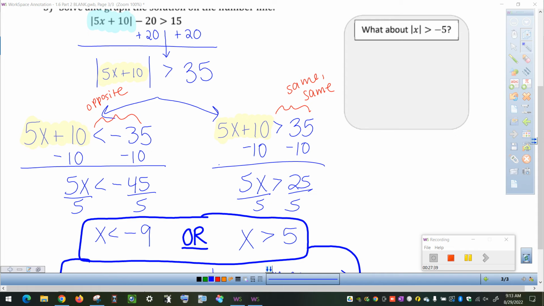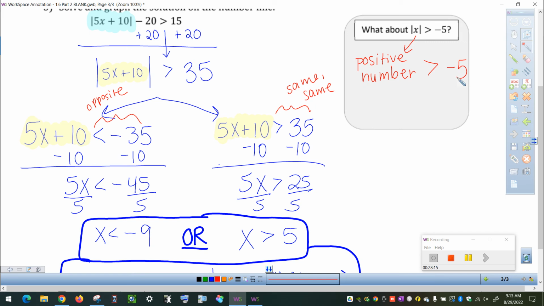And if you have the absolute value of something less than a negative, it's also no solution. But let's think about what's happening now in this problem. So we know the absolute value always means it's going to be a positive number. So what we have here is we have a positive number on the left, and it's saying that that positive number is greater than negative 5.